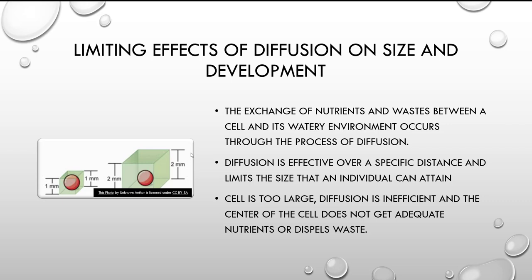And that's why we don't see cells getting too large for the most part. Most cells that we see, you have to use a microscope to see them, right? So other than things like chicken eggs, most cells are microscopic. And the reason for that is this diffusion factor.